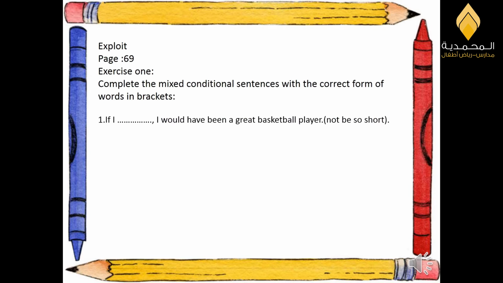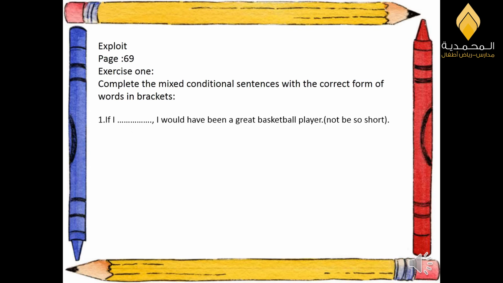First sentence: If I space, I would have been a great basketball player, not be so short. Here I have a structure talking about a past result.